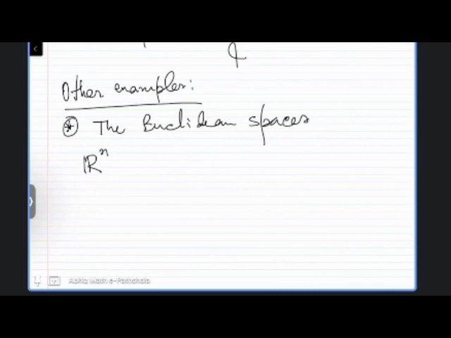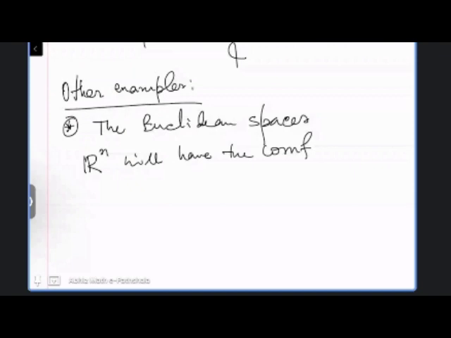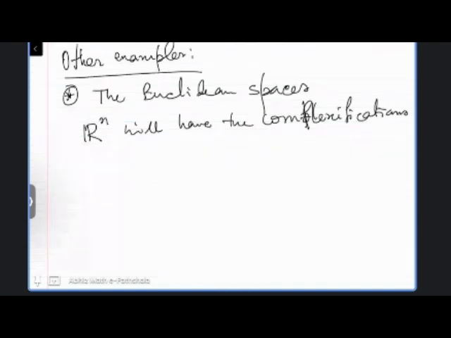R^n will have complexifications which are isomorphic to what?